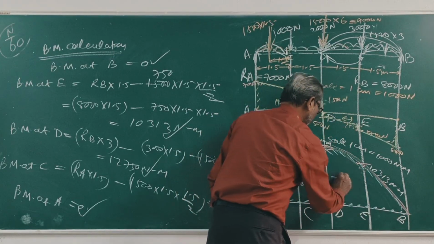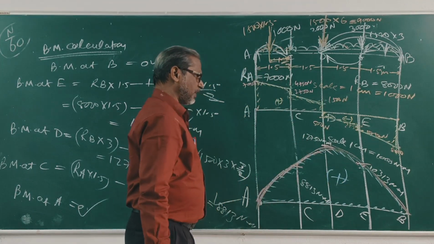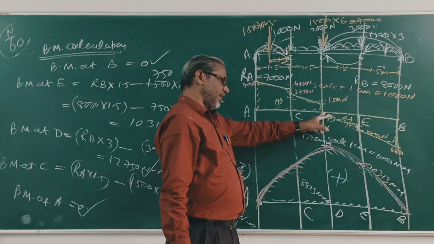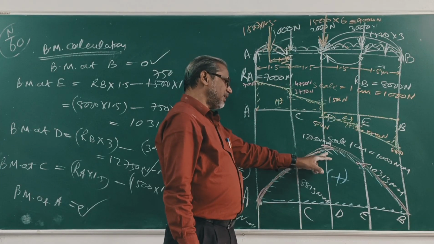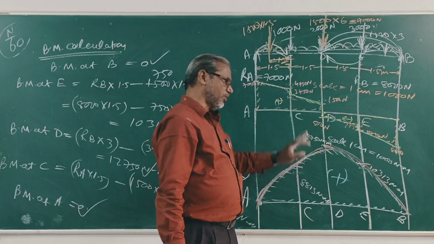All are positive, so the diagram is above the baseline. Again, the shear force changes sign at point D. At D, the bending moment is maximum, equal to 12750 Newton meter. Clear?